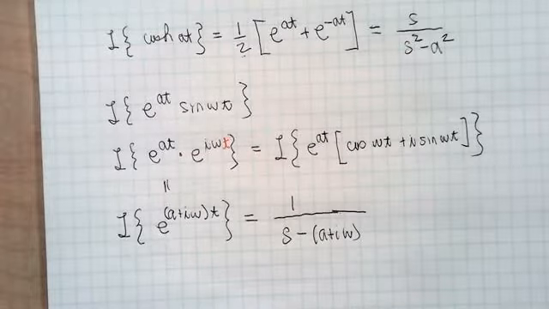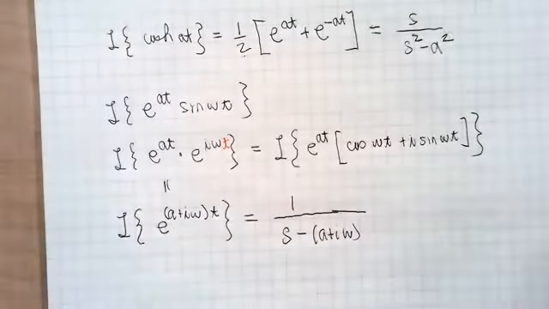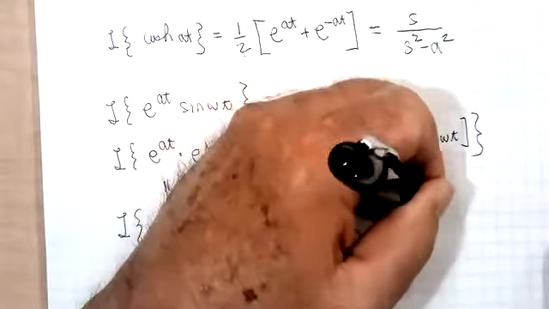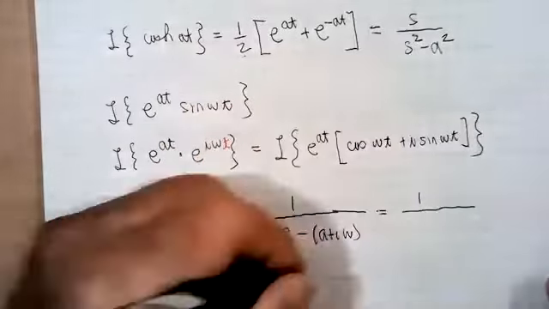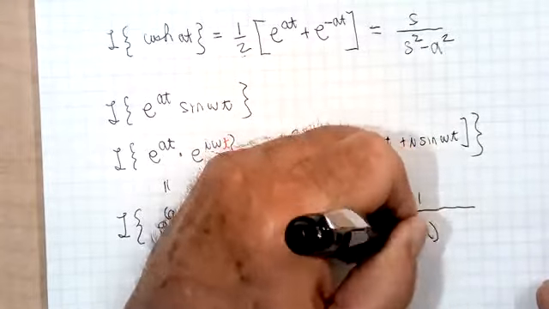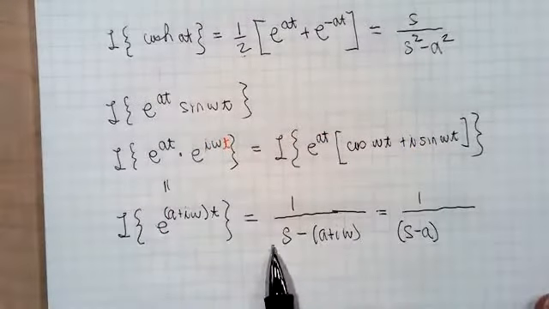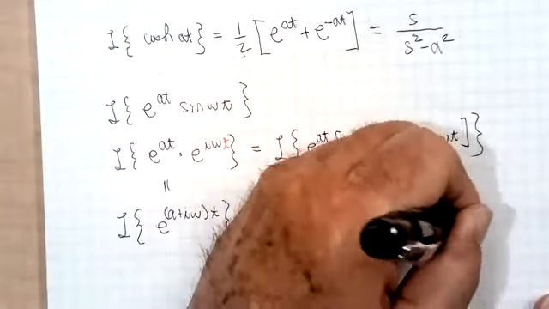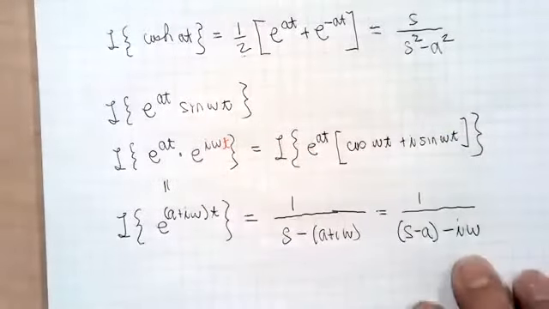Ooh. Well, let's see. That might not be so bad as it looks. 1 over s minus a. We got a real part minus I omega in an imaginary part.